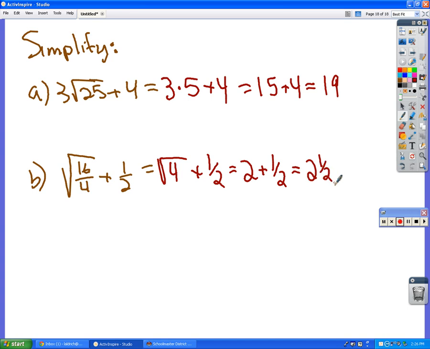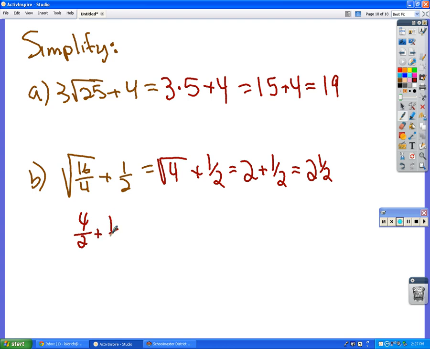And 2 plus 1/2 is 2.5. Okay? So one way you can do it is you can do the math inside the square root first, and then take the square root of that answer. Now the other way is you can do the square root of a fraction by doing the square root of the top, and then the square root of the bottom. So what is the square root of 16? 4. What is the square root of 4? 2.